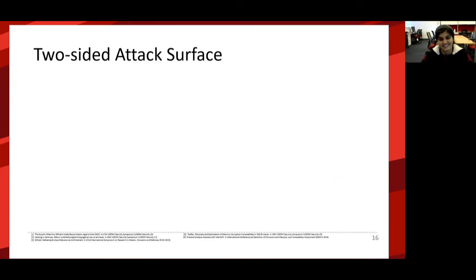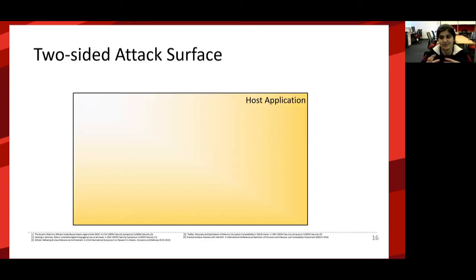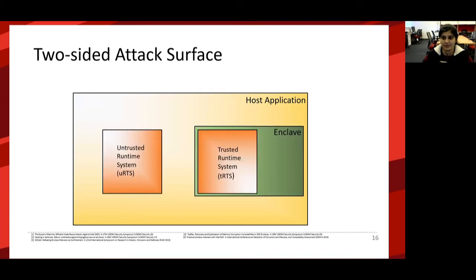So to summarize the attack surface, SGX enclaves create two runtime systems: the untrusted runtime system, which is loaded and used by the host application, and the trusted runtime system, which is inside the enclave. These two create the interface over which the trusted and the untrusted components communicate. Every time the host application wants to call an in-enclave function, it makes an eCall, and this eCall is transferred from the untrusted runtime system to the trusted one.